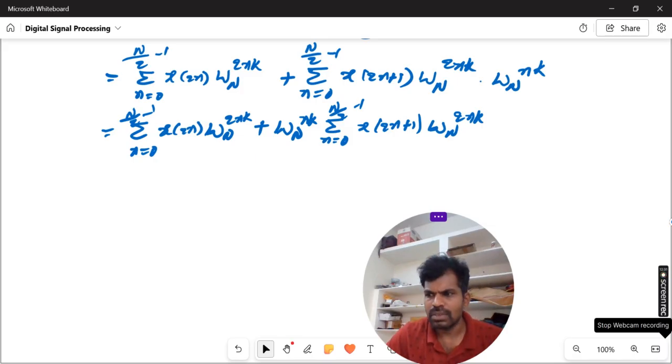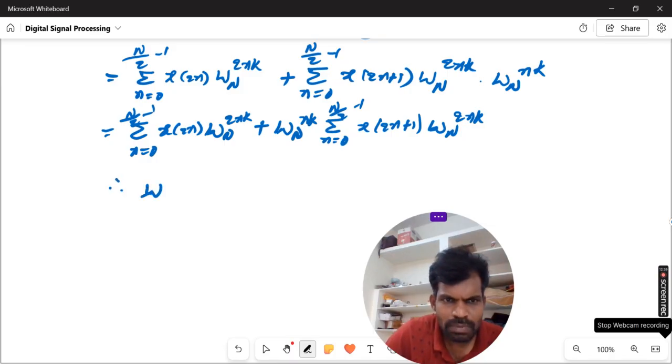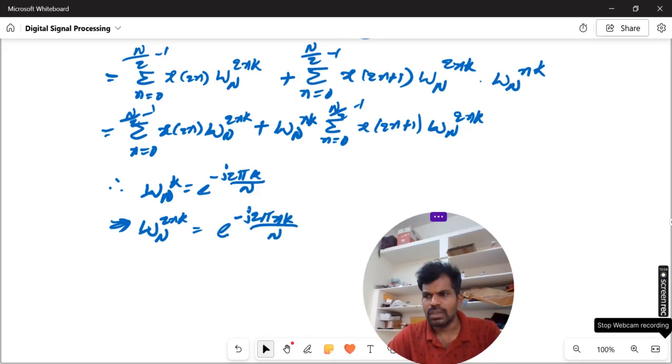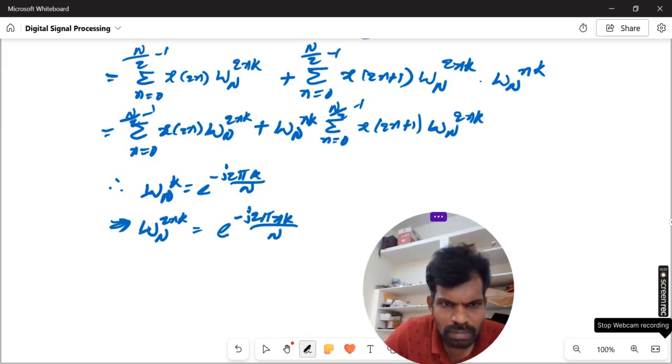Now let us simplify this entire one. We know that w suffix n power k is equal to e to the power of minus j 2 pi k by n. If we have w suffix n power 2nk, then it is e power minus j 2 pi nk by n, and here we are going to take the square for this.